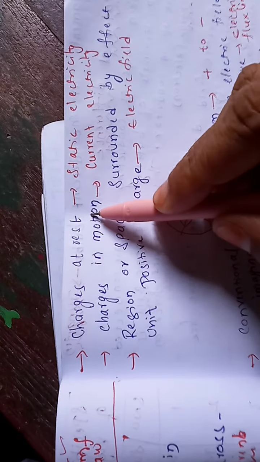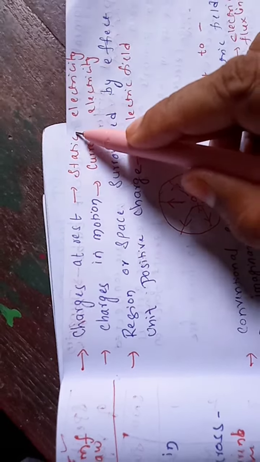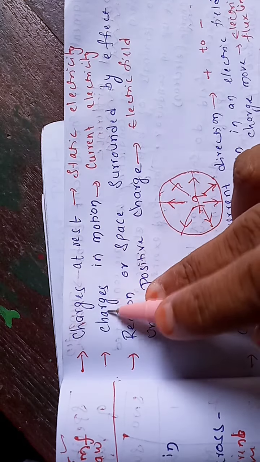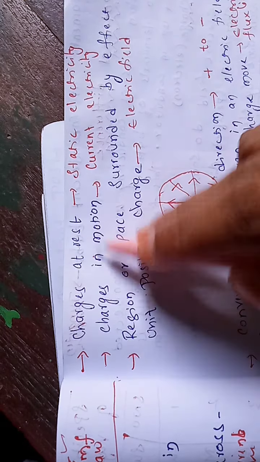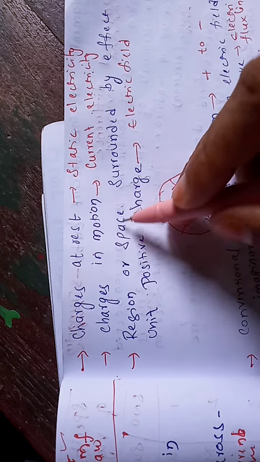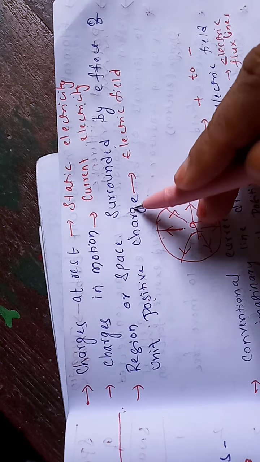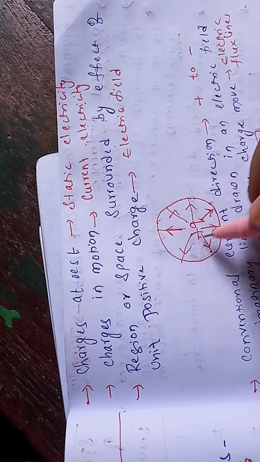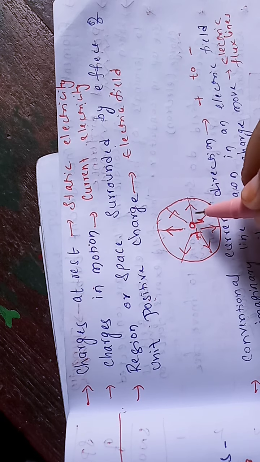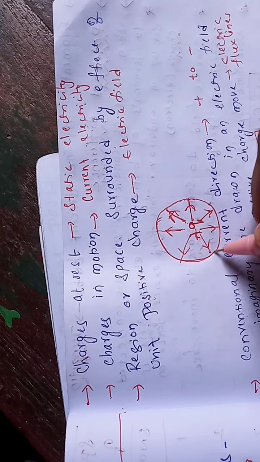Now next, the study of physics dealing with charges at rest we call static electricity. The study of physics dealing with charges in motion we call current electricity. The region or space surrounded by the effect of a unit positive charge we call electric field. Here a positive charge is there, and the effect of this charge spreads up to this particular region.